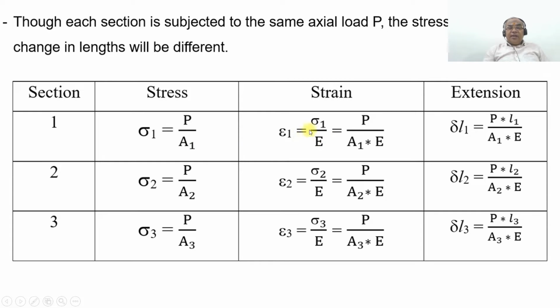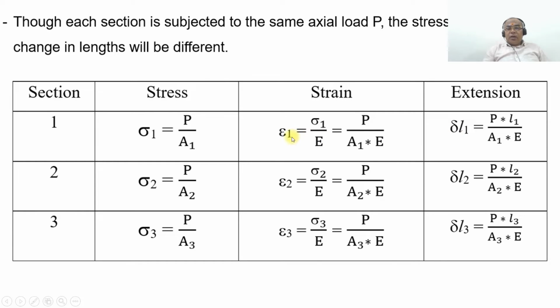Then strain epsilon 1 is equal to sigma 1 by E. Sigma 1 is nothing but P by A1, so substituting, epsilon 1 equals P by A1 into E. We can also write the strain as delta L1 by L1.